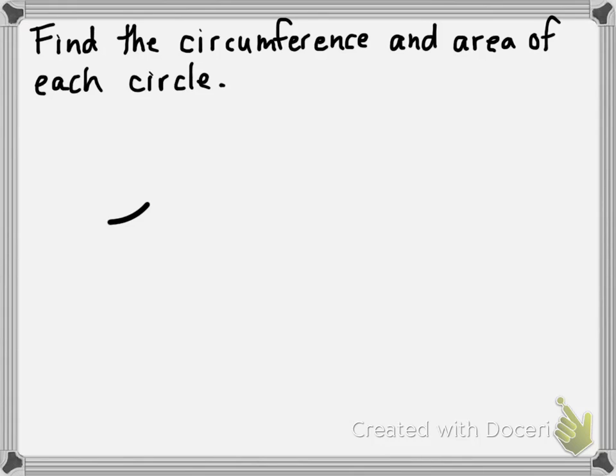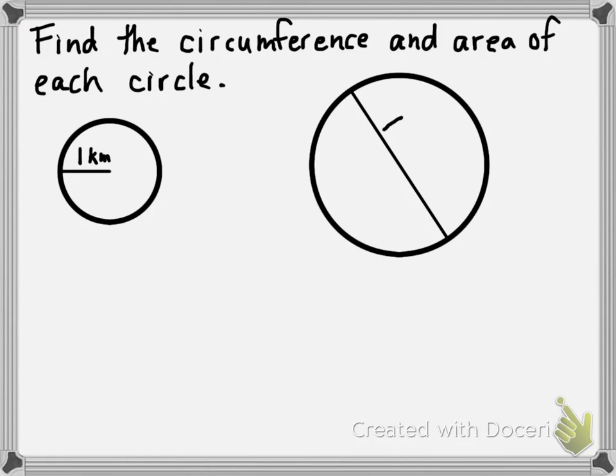So you have to be able to do both of them from any given circle. Okay, so you've got two circles here. You need to find the circumference and the area of each of them. And then we'll look at them together.